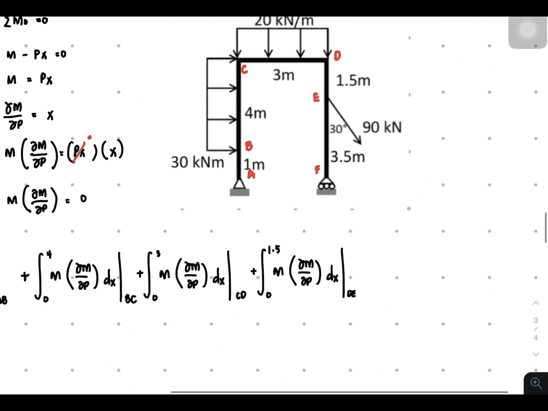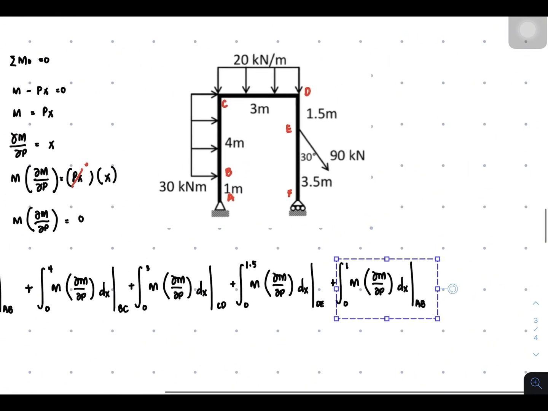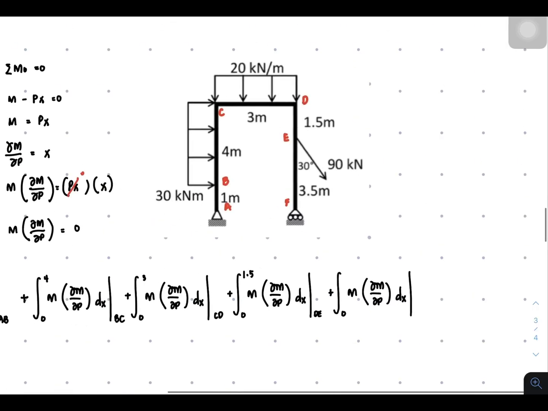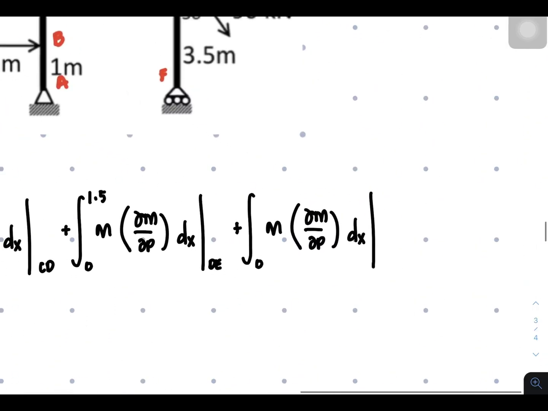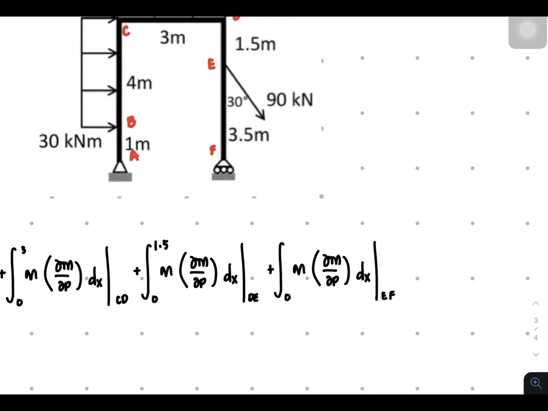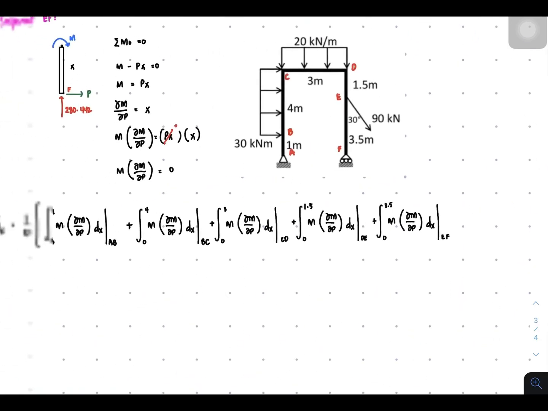And for the last one, you add that, it's for E to F. The length from E to F is 3.5, so that's 0 to 3.5.